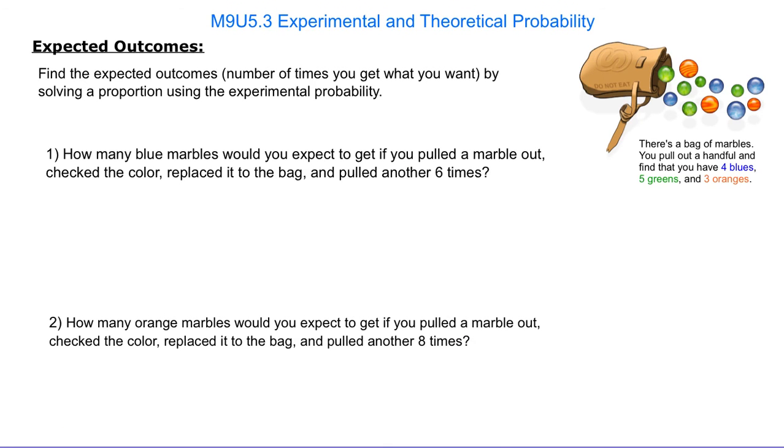Okay, so for our last trick, we're going to do the same thing. We're talking about expected outcomes. We're going to solve these using a proportion. So we were looking at blue marbles. Let's try blue. We're going to pull out a marble, look at it, record what it is, and then put it back in the bag. We're going to call it, we replace it. So we're going to do that 6 times.